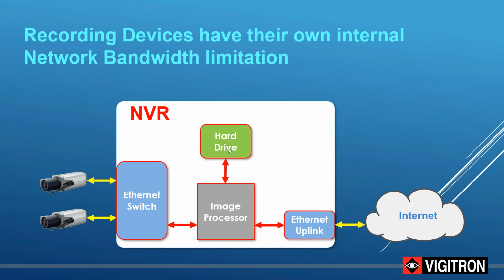We're taking a signal out of a network switch. Commonly, that uplink will be 1G, and we're plugging it into an NVR or a VMS system running on a computer. Typically, that input is going to be 1G, but that bandwidth itself has a limitation.